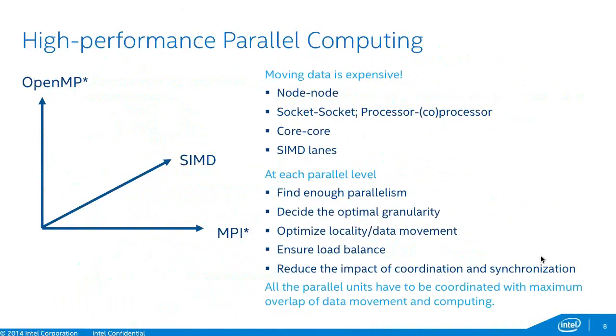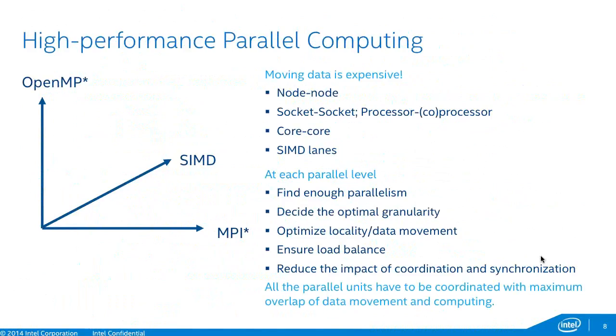In any case, what we have to remember is the cost of moving data, and we should make sure that all these data partitions and algorithms take into account the fact that moving data from node to node is quite different from SIMD lanes. It means that your algorithm and implementation should consider these factors in a very careful way.